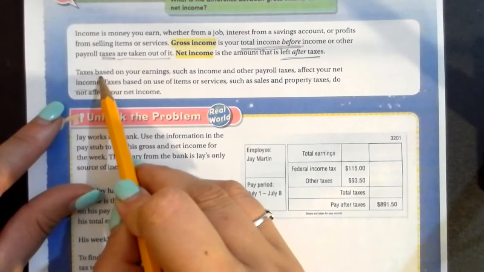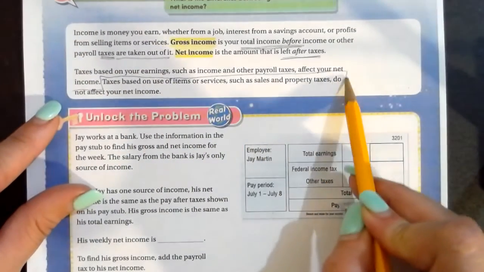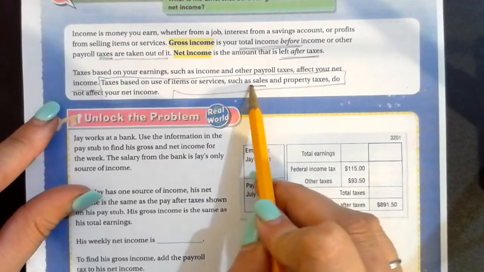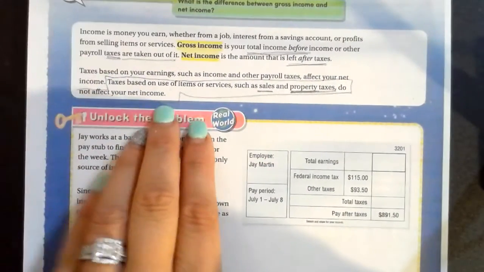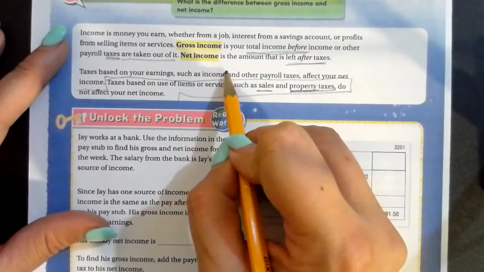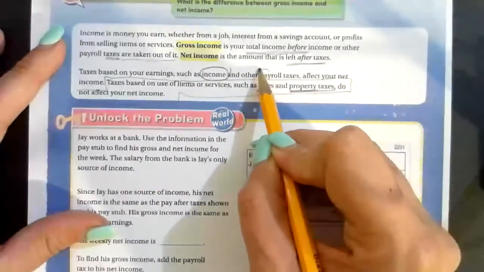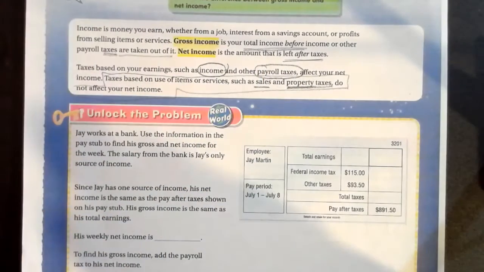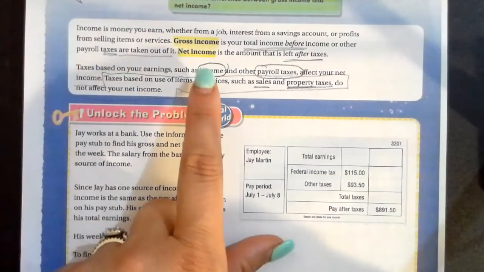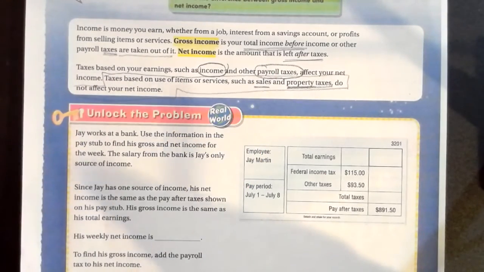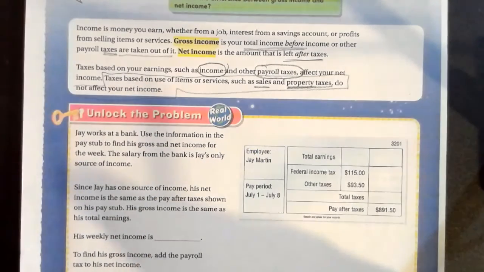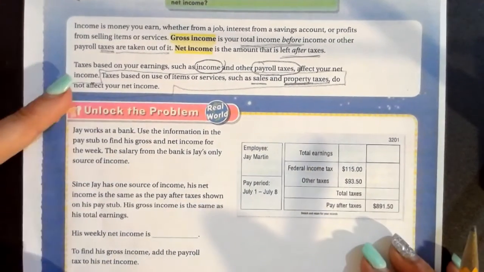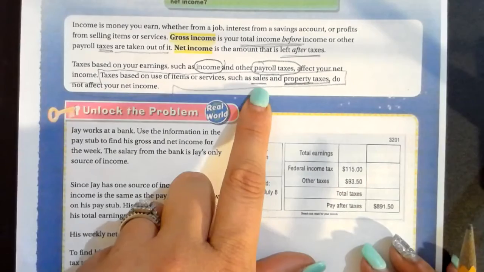So these taxes over here that they're talking about, which are your sales tax and property tax, are for items that you're buying. But your payroll and income tax affect your paycheck. Okay, so that's the difference. Income and payroll tax affect how much money you get to keep that you earn. But sales and property tax are taxes on items or the land that you buy or your house, okay? Or if you go buy a shirt, you pay sales tax.